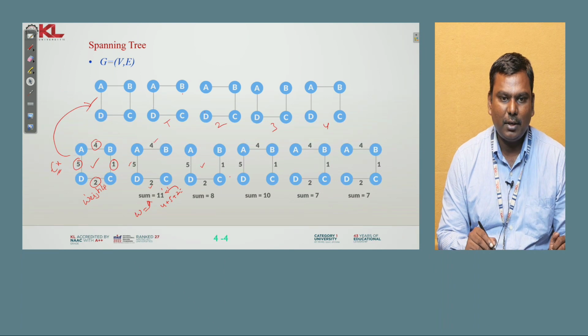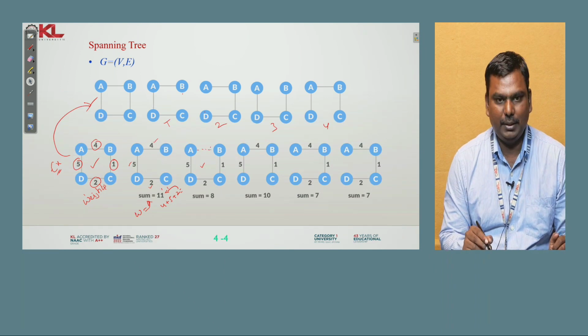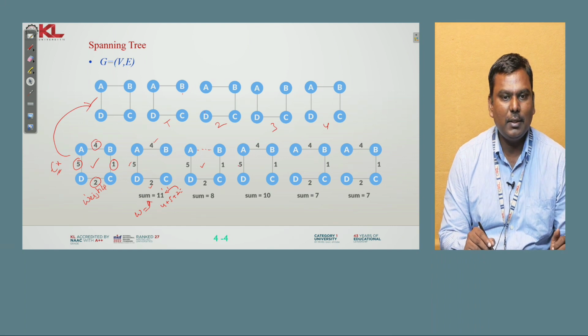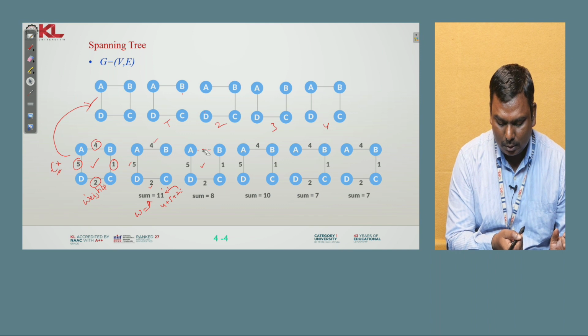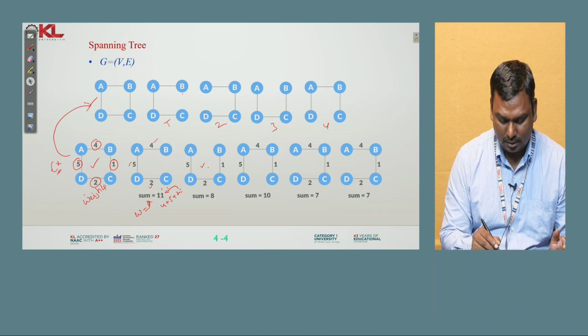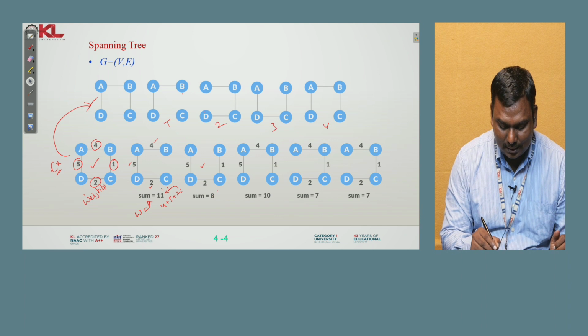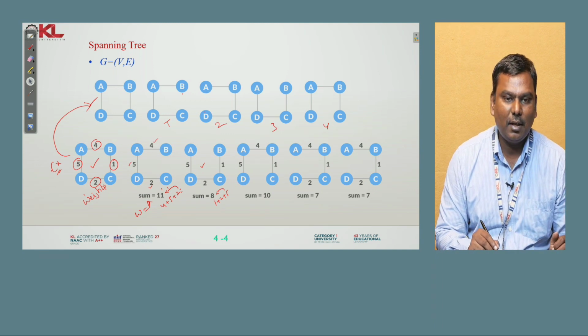We do not connect A to B, because connecting it creates a loop. This is the second possibility. When we find the total weight, it is 1 plus 2 plus 5, so the total is 8.